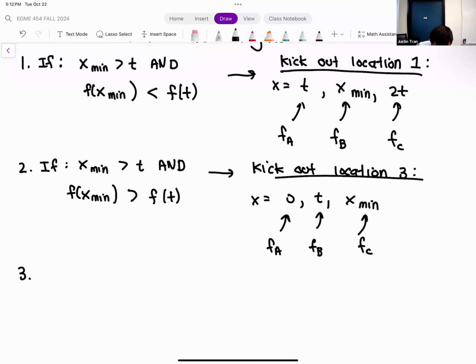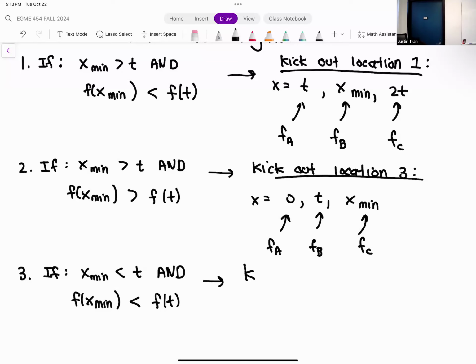Case 3 is, let's say, if x min is less than t and f of x min is less than f of t. In this case, we also kick out location 3.